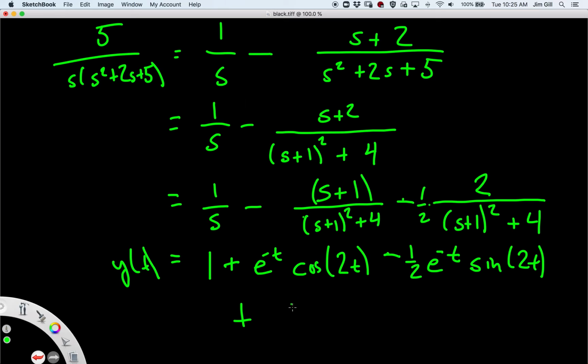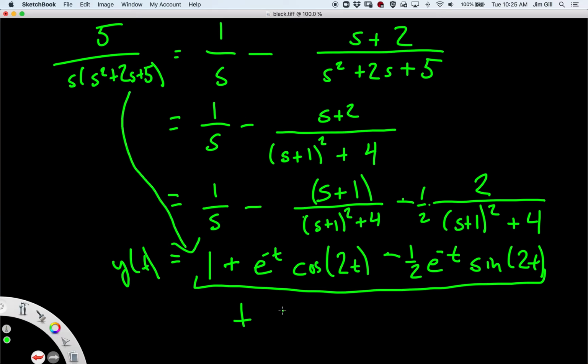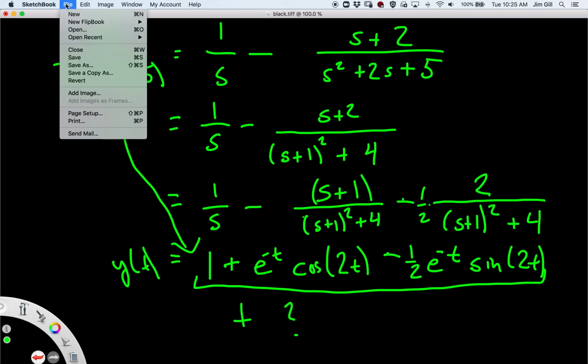And that is just going to involve an actual time shift. So this is what we get for the inverse Laplace transform of this part. And now we're going to have this second part, and I need to deal with that in a moment here. So I'm going to clear the screen and address that part.